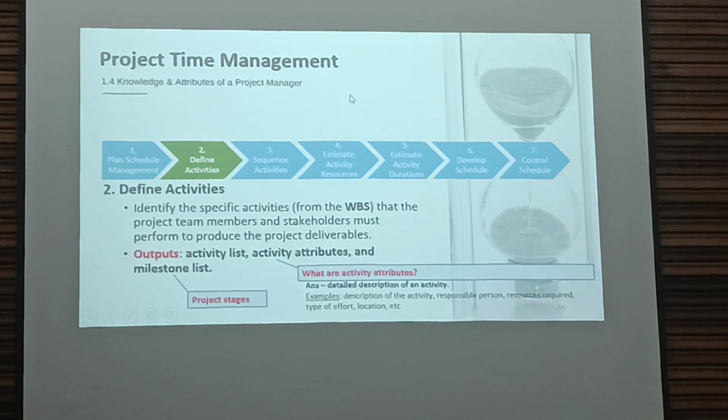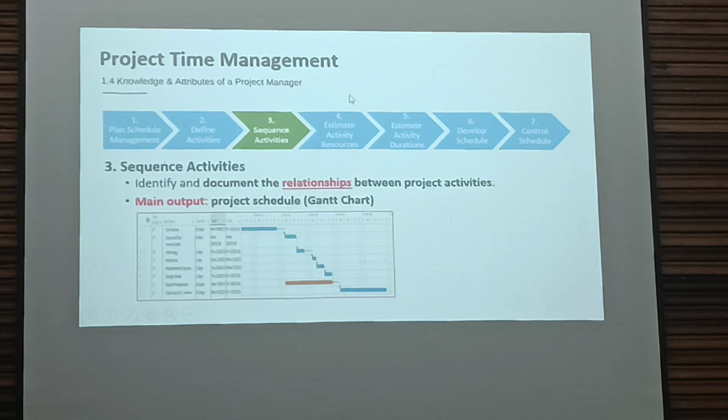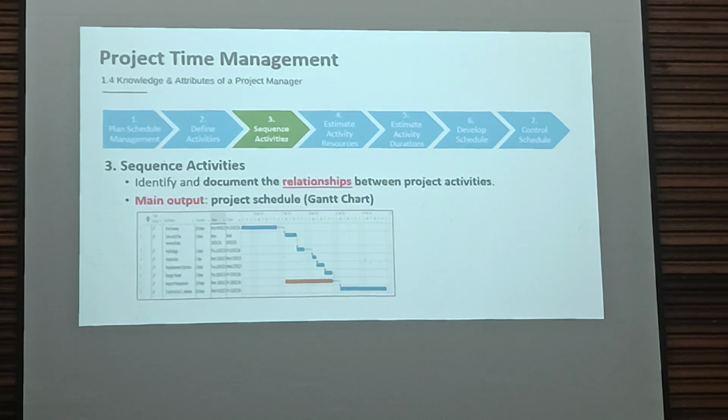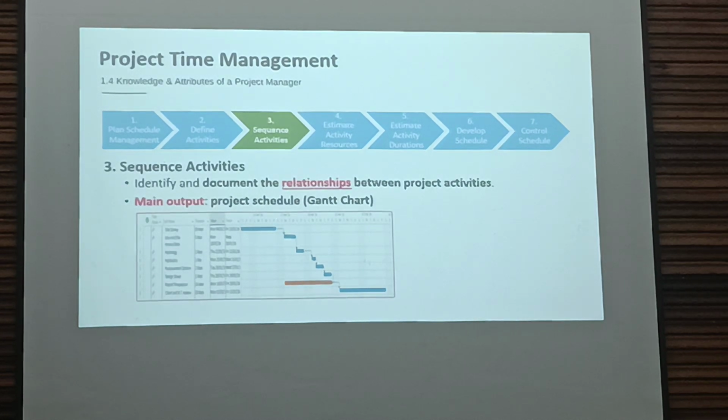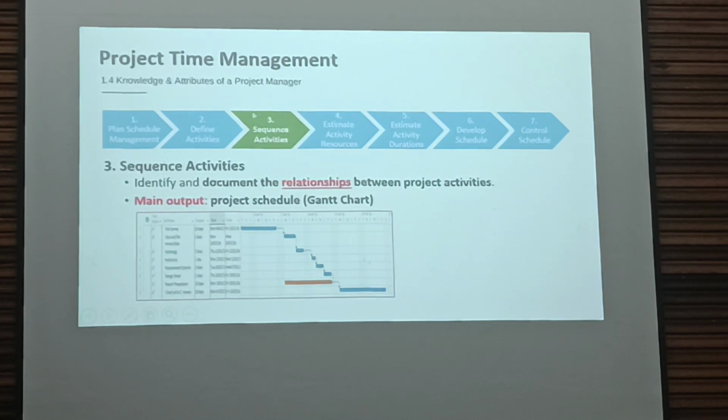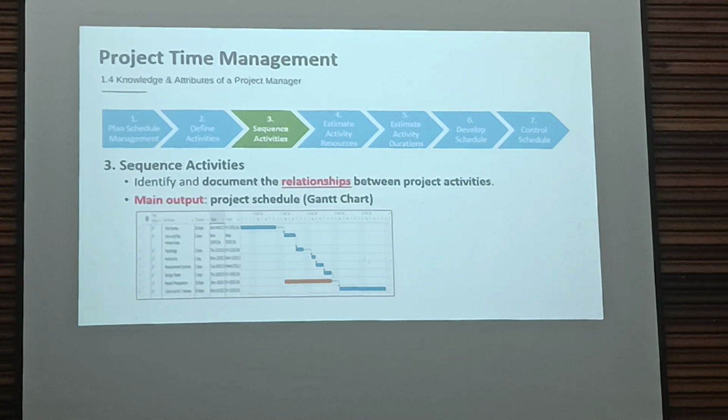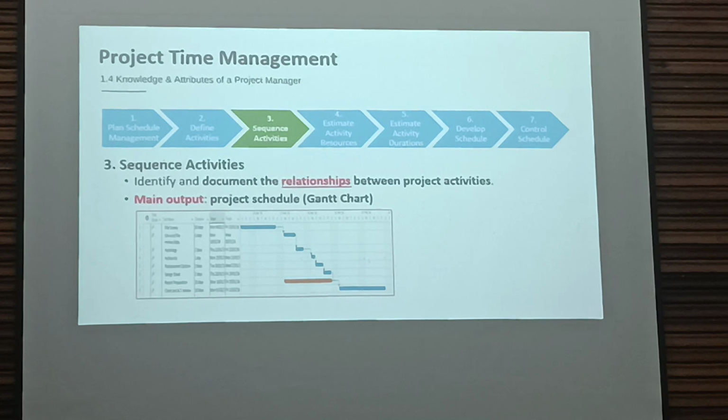Okay, so let's move on. Sequence activities. Once you have identified the list of activities that you have to do, then you put them in the correct sequence to show the relationship between project activities.